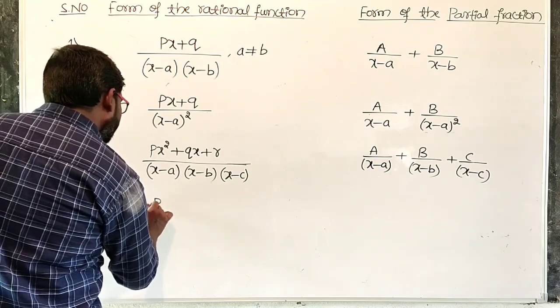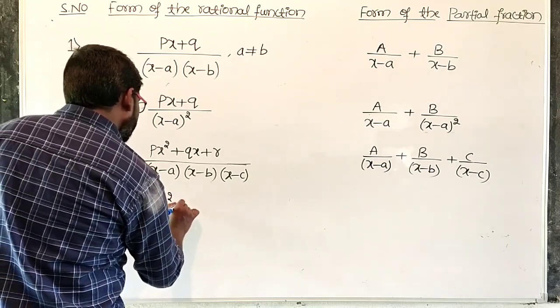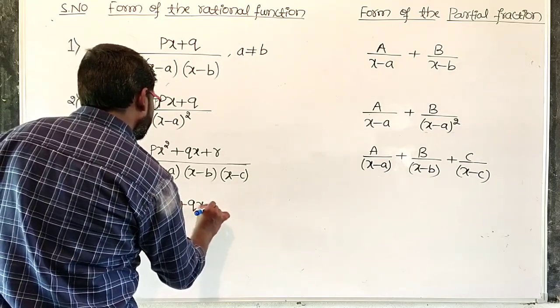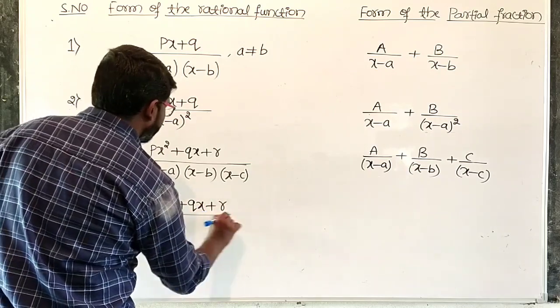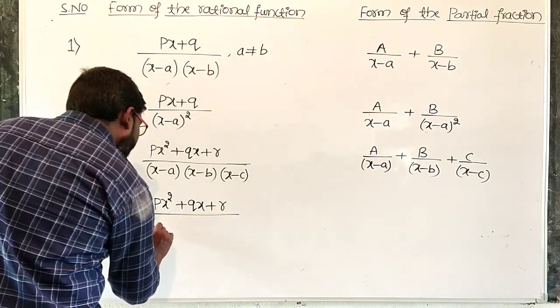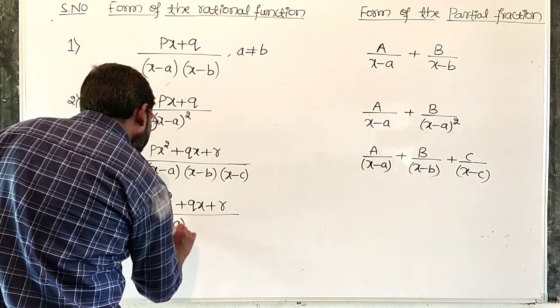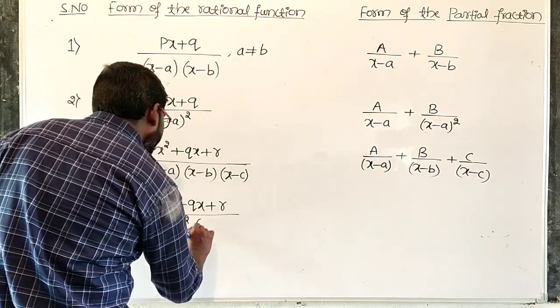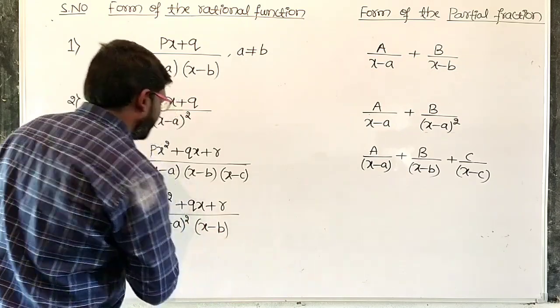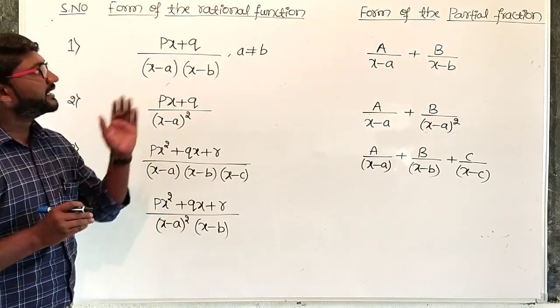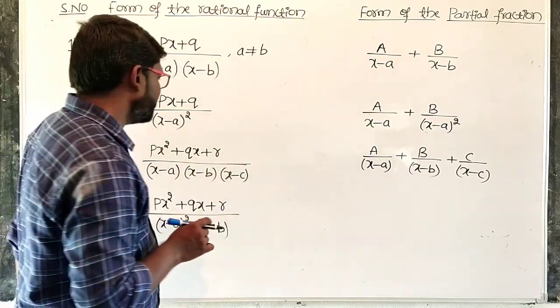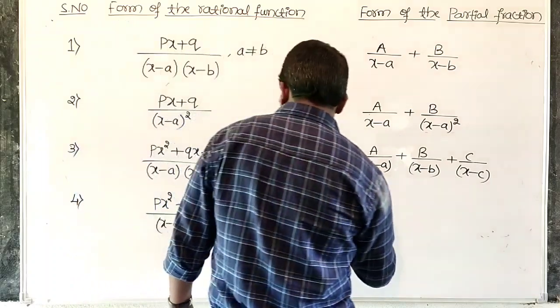So px square plus qx plus r divided by x minus a the whole square into x minus b. If this is the form of the rational function, what will be its corresponding form of the partial fraction?